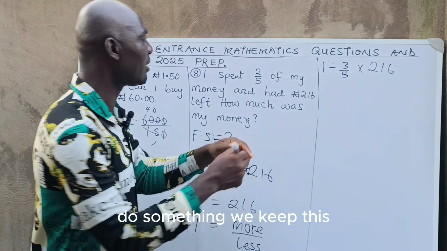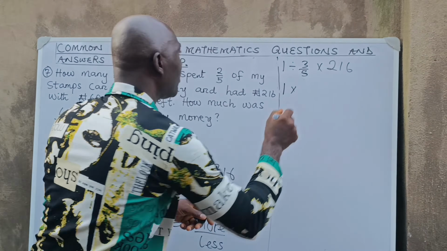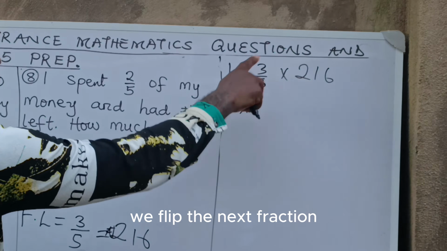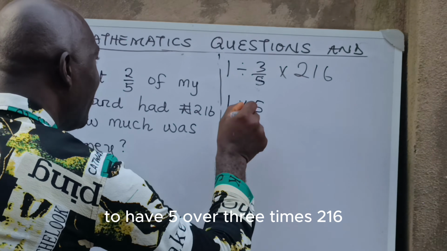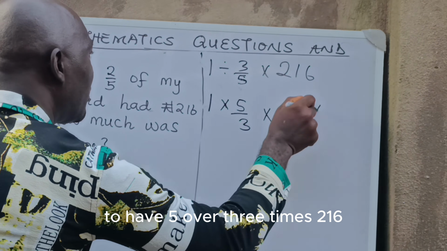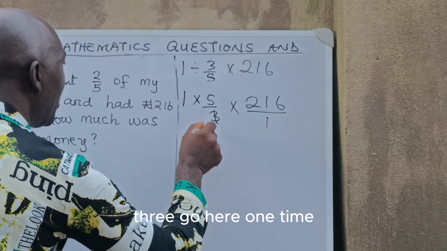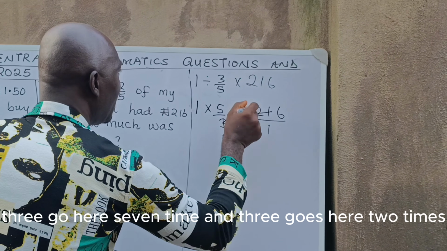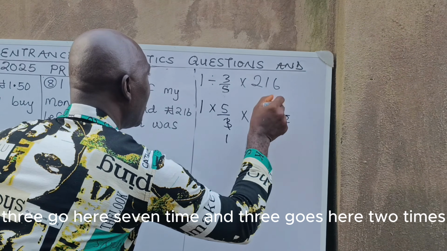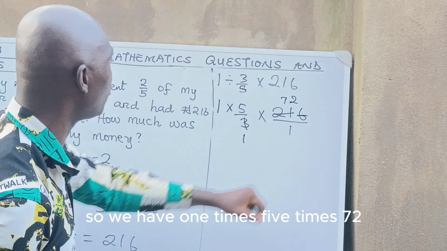In fractions, if we're dividing by a fraction, we keep the first, so we have 1. We change division to multiplication, and then we flip the next fraction to have 5/3 times 216 all over 1. Okay? 3 goes into 3 1 time, 3 goes into 21 7 times, and 3 goes into 6 2 times. So we have 1 times 5 times 72.